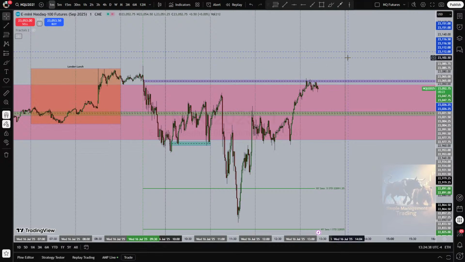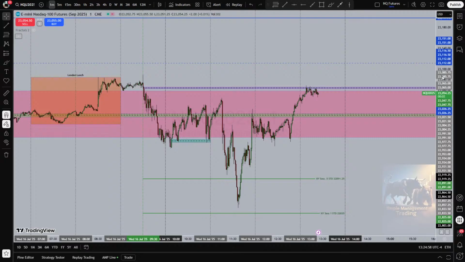I think we already placed the low of the day here when the drop happened. I think we are very well set to go to 23,151, which is essentially just standard deviation.